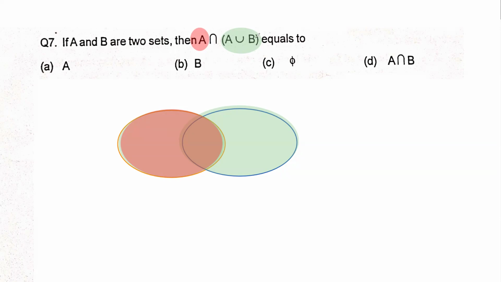That means their intersection is the common element, and the common element has to be the set A. Is it A? Yeah, it should be A only. As you can see, the common region of green and red is set A only, as I took this as set A and B. So therefore, this is the correct answer.